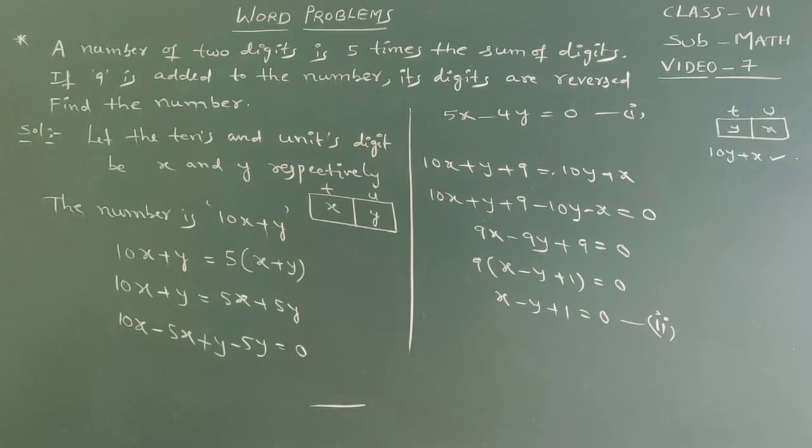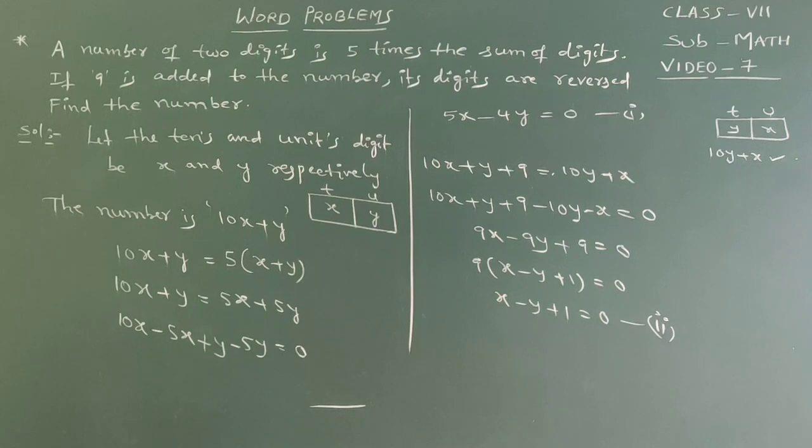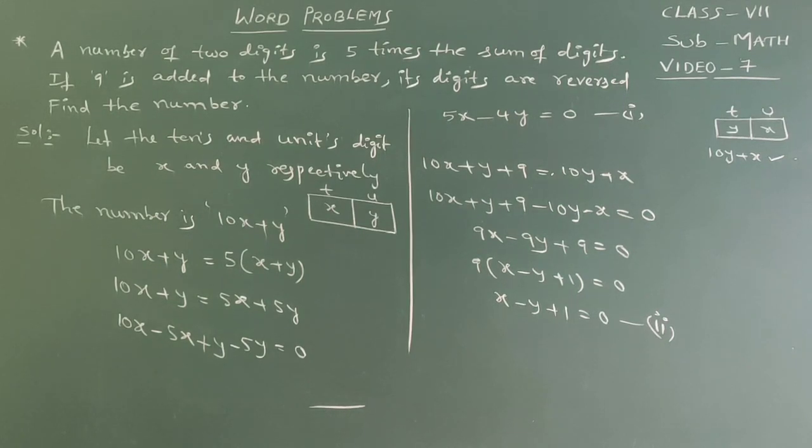One is the number is 5 times the sum of digits. So 10x plus y equals 5 times x plus y, so 10x plus y equals 5x plus 5y. If you transfer the LHS part, 10x minus 5x equals 5x, y minus 5y equals 4y. So 5x minus 4y equals 0, the first equation.